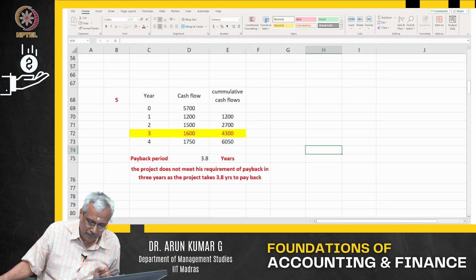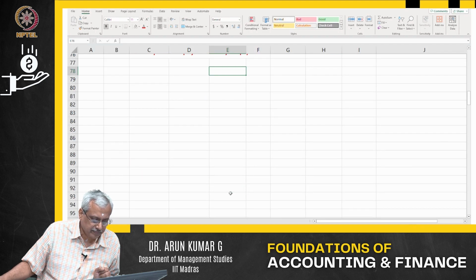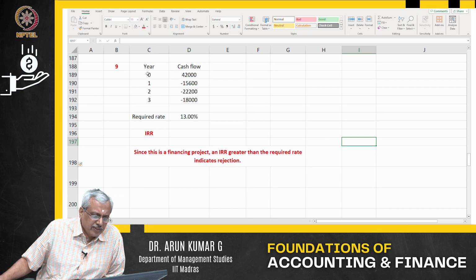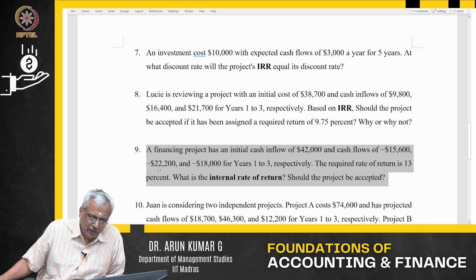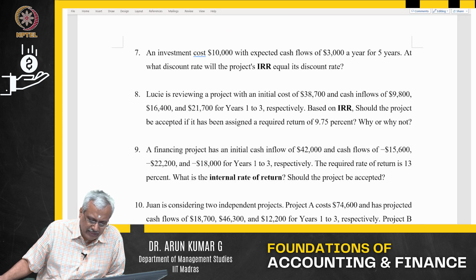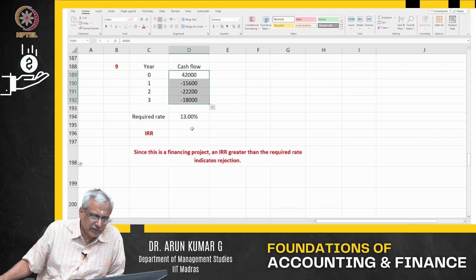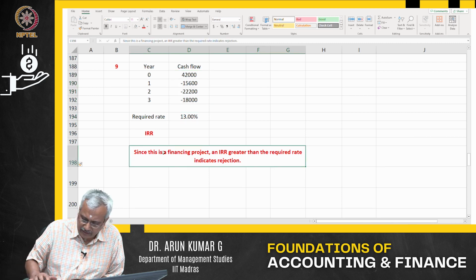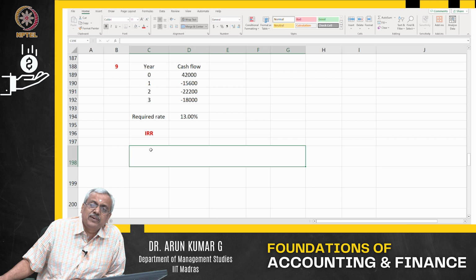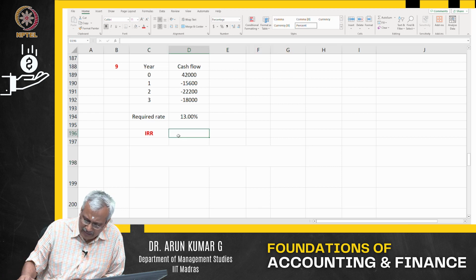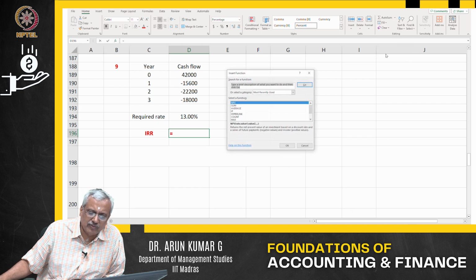Let us go back to the Excel sheet. Look at this. I have year 1, 2, 3. Cash flows are given as it is from the problem: 15,600, 22,200, 18,000. Yes, we have got everything here. Required rate of return is 13%. Now I'll say IRR. All I have to do is go to more functions.